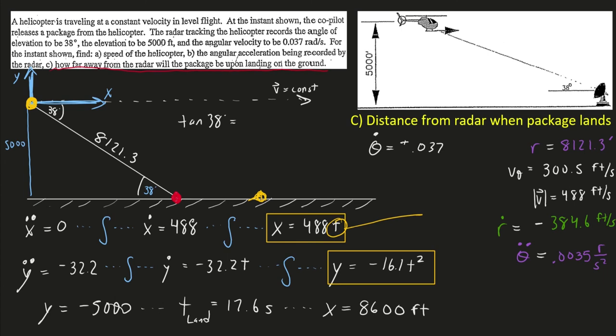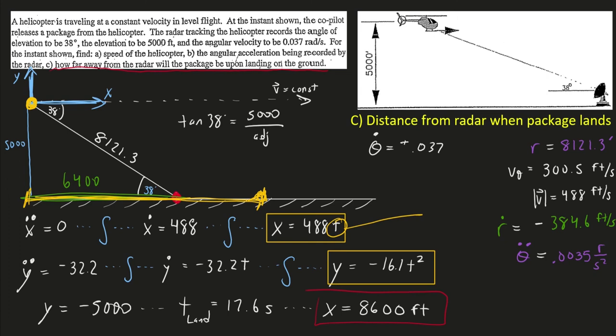Tangent of an angle is equal to the opposite over the adjacent. We'll figure out that adjacent, and we'll get approximately 6,400. So my x-coordinate is 8,600, which is a lot bigger than 6,400. So I know I'm landing behind the radar.